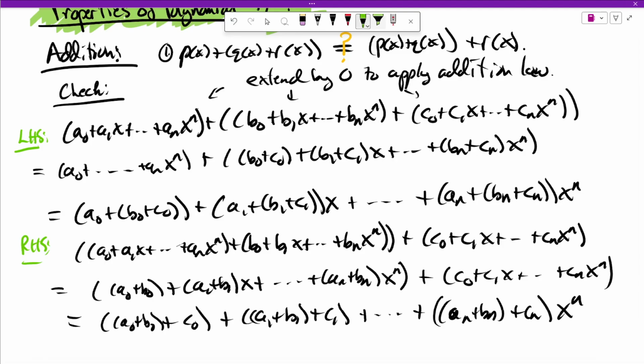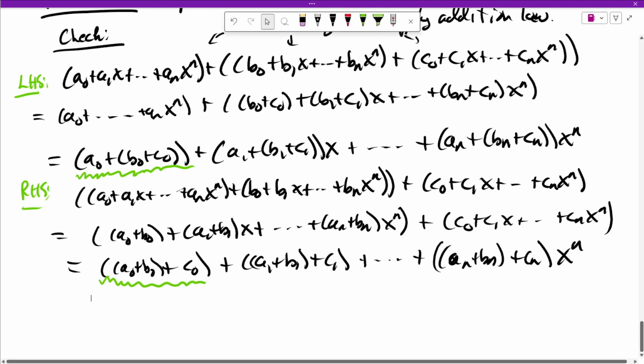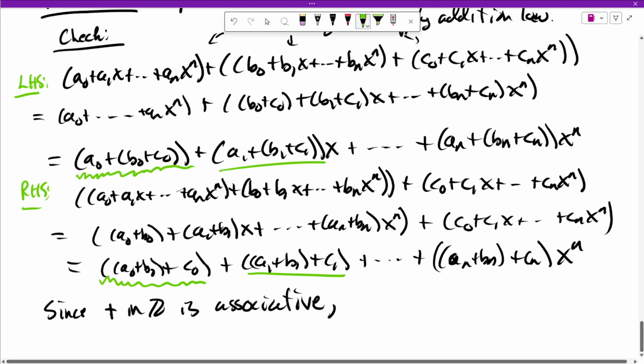Now, let's point out that the constant term of the left-hand side and the constant term of the right-hand side are actually equal. And they're equal because addition in Z is associative. So since addition in Z is associative, actually all of our coefficients are going to line up. Since it's associative, what do we know?